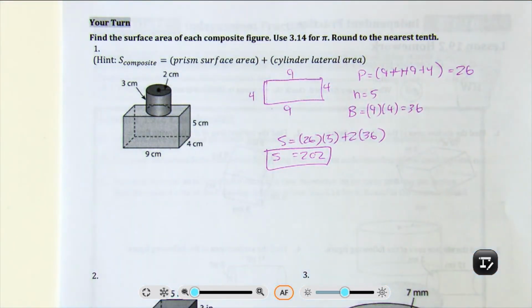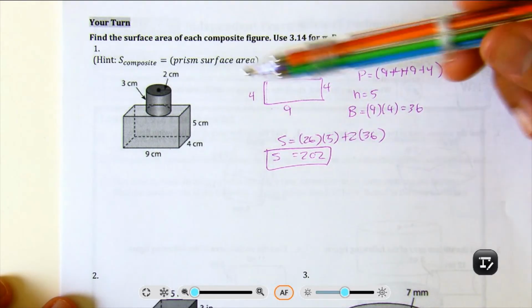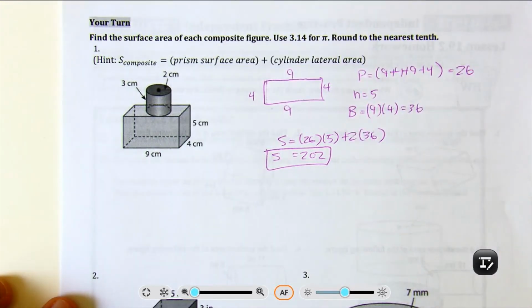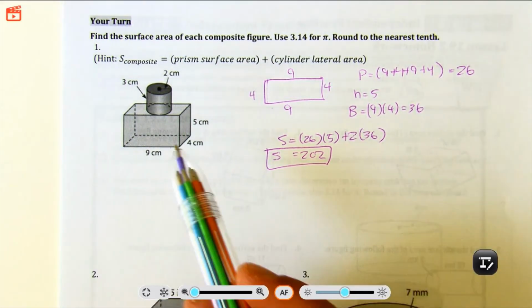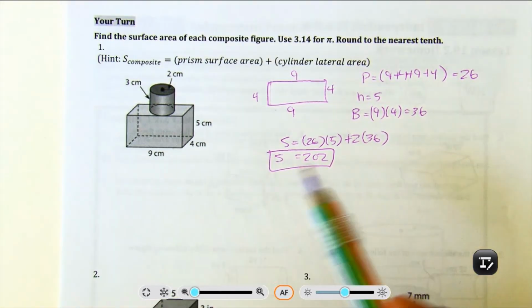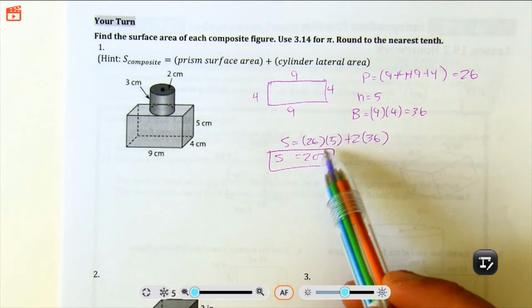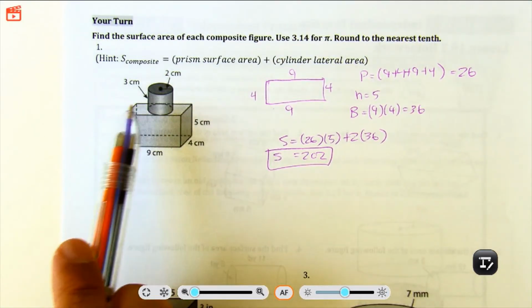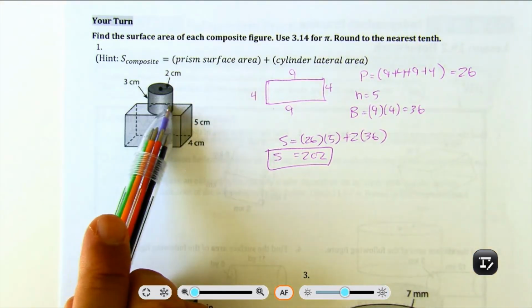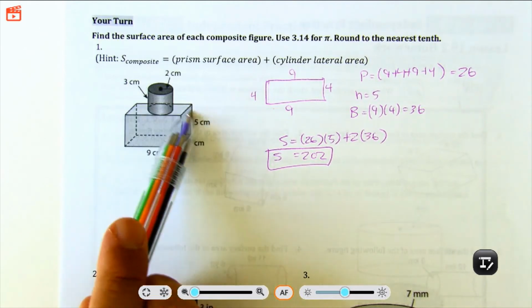But when looking at the cylinder, we do not want the surface area of the bottom or the top piece. Well, actually, let's think about it like this. This prism surface area is the entire surface area of this here.